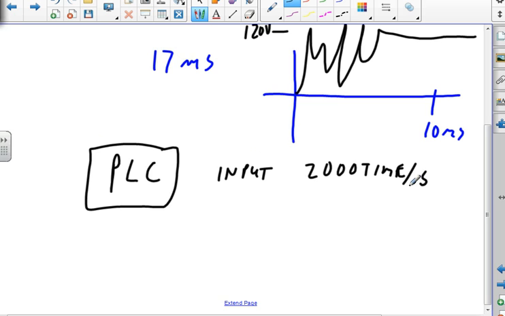Well, at 2,000 times per second, and the switch is going back and forth like that inside of 10 milliseconds, that means that in the first 2 milliseconds of time, this could see the switch going off and on several times. That may or may not be a bother.